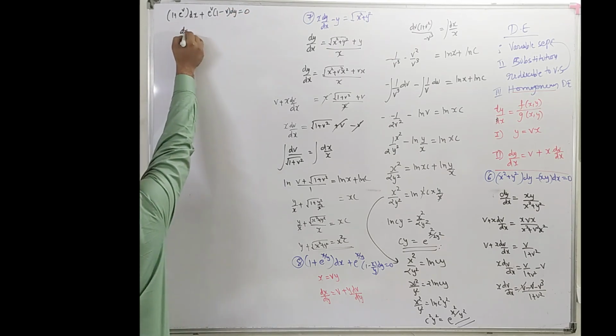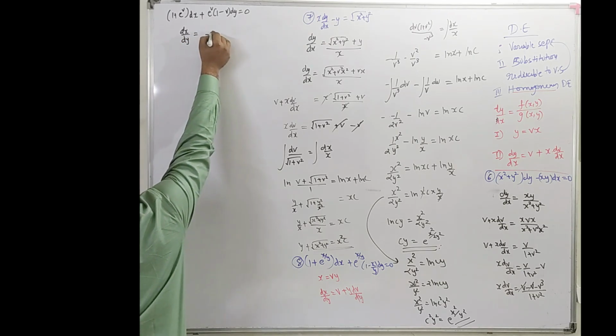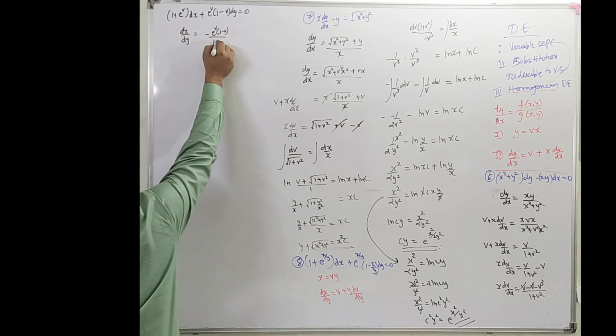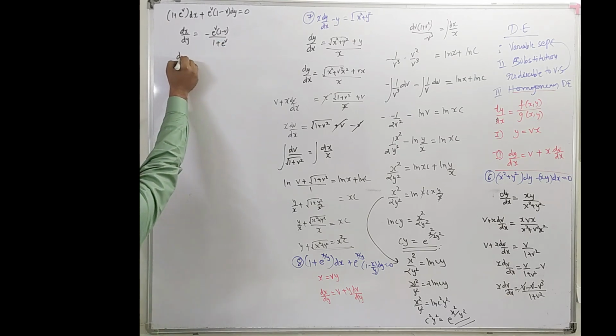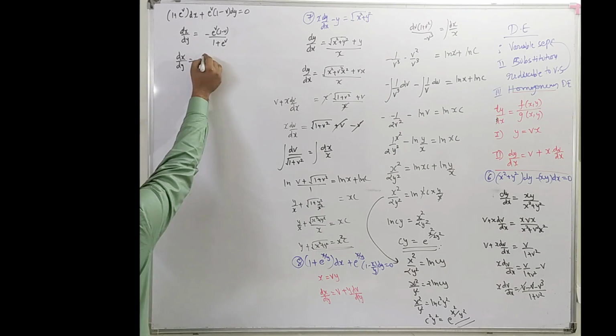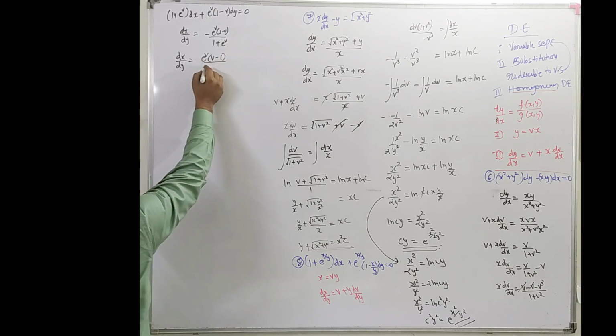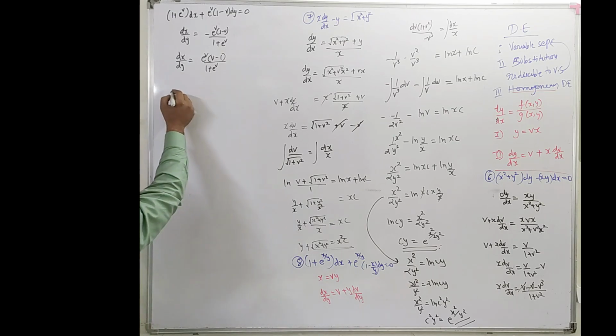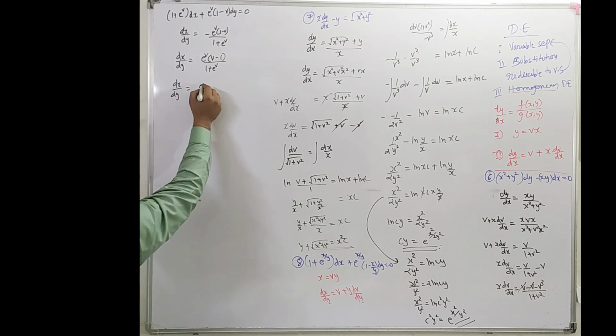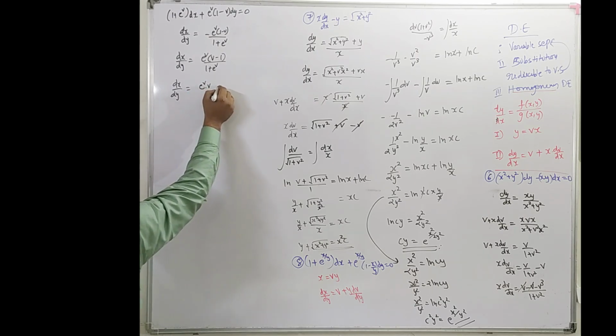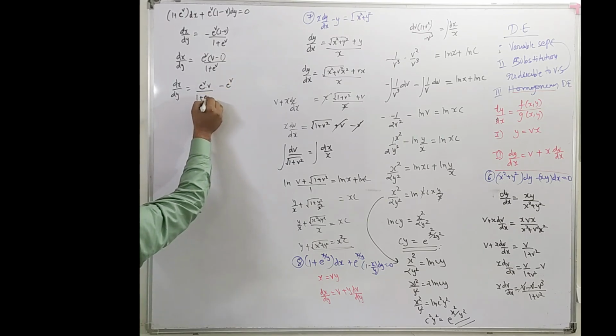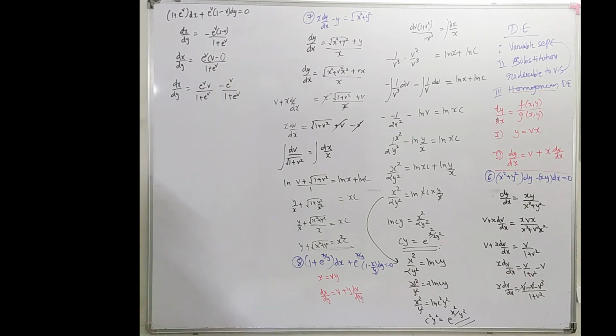So dx by dy would be e to the power v. I'll take out minus common from the numerator, so v minus 1. So this thing we can open up the bracket, ev dot v minus e to the power v, 1 plus ev, 1 plus ev, and dx by dy we need to substitute, it will be v plus y dv by dy.